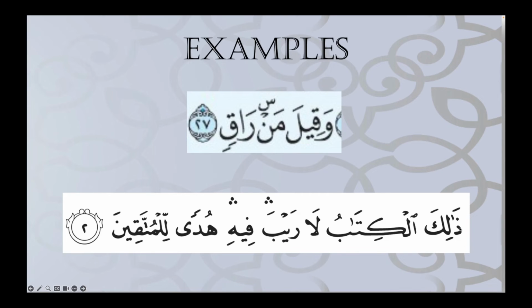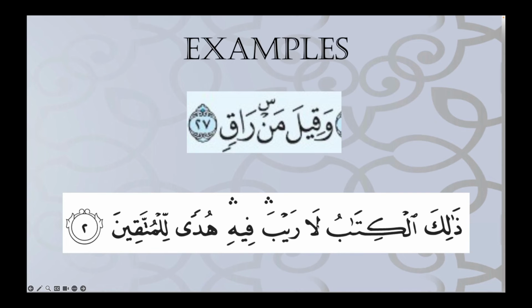So the two ways that you can read this is ذلك الكتاب لا ريب فيه هدى للمتقين. Or you can read it like this ذلك الكتاب لا ريب فيه هدى للمتقين. Those are the two ways that you can read this.